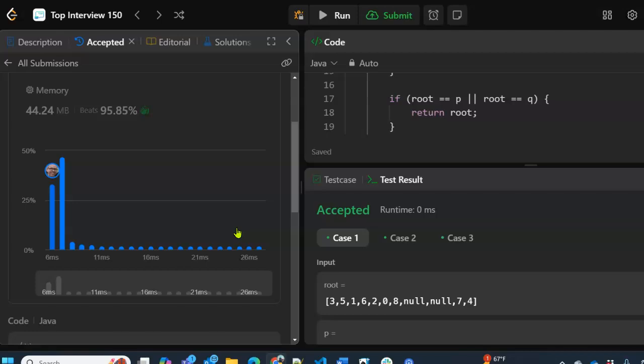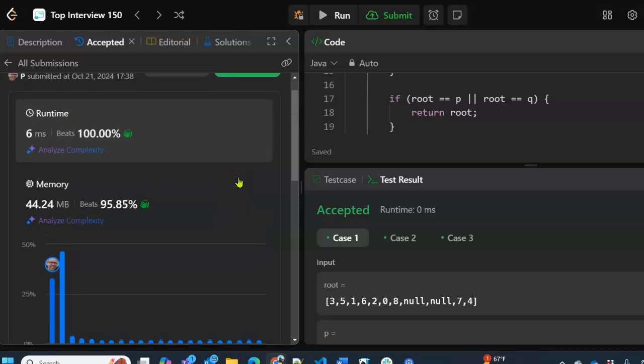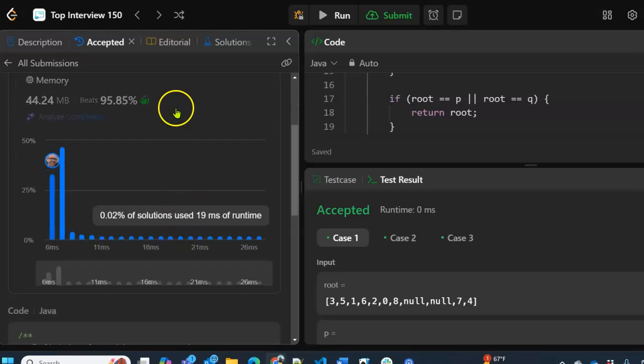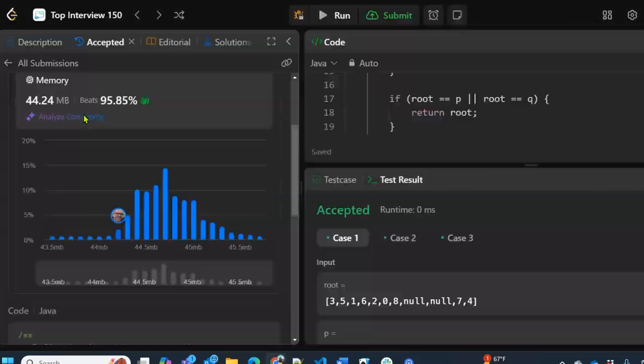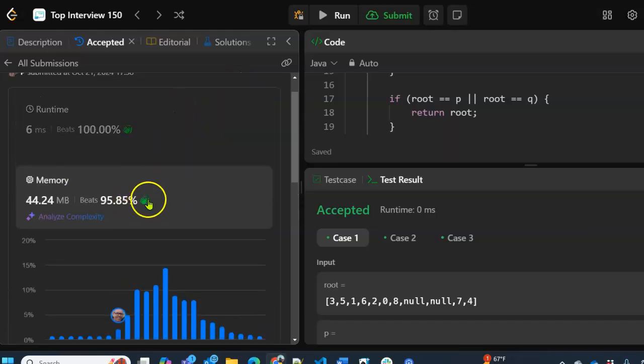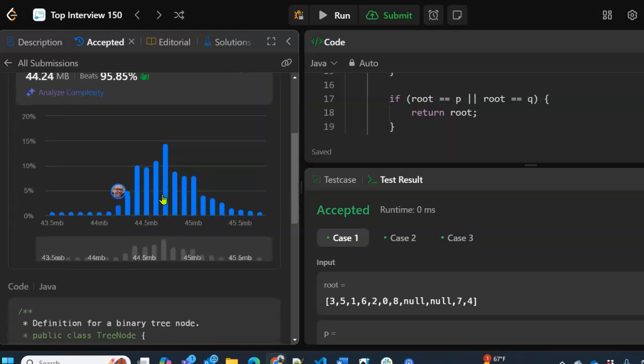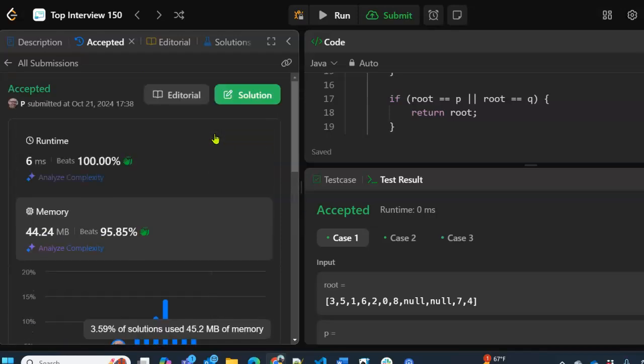Good on the runtime. Good on the memory usage also. Space complexity, O of n. Oh, there's the numbers. Yeah, on the low end there. That doesn't usually happen, but okay.